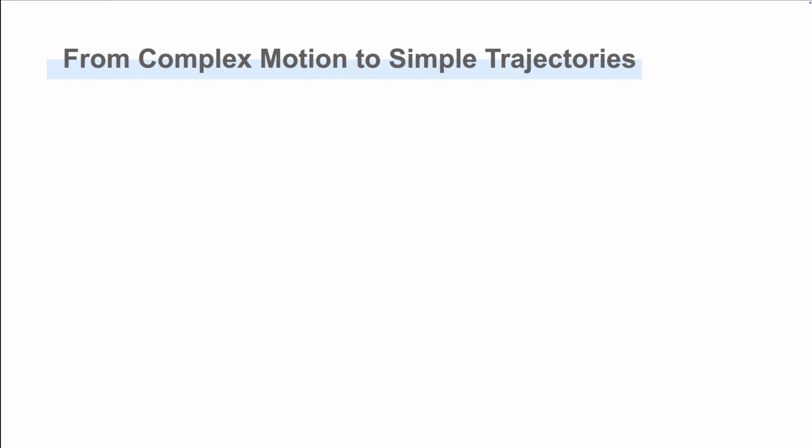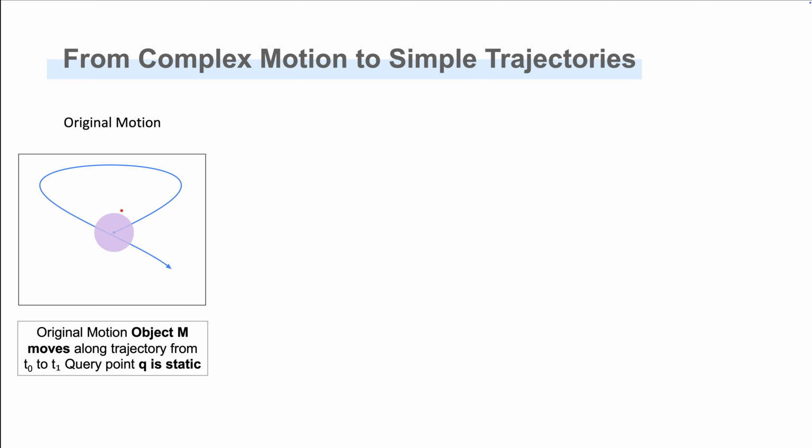To actually compute distances, we start with the original problem, an object M moving along some trajectory from time t0 to t1. We want to know if a query point Q is inside the swept volume. Using our key observation, we invert the motion perspective.